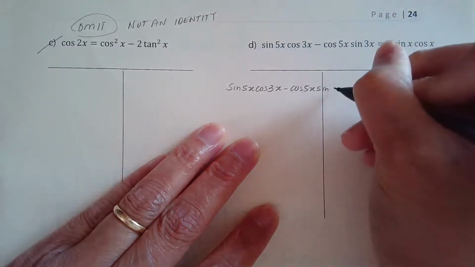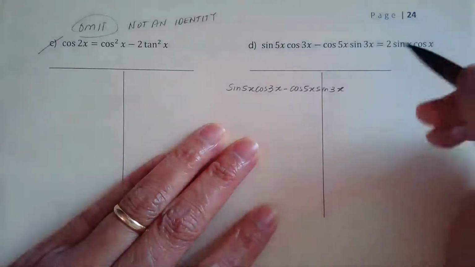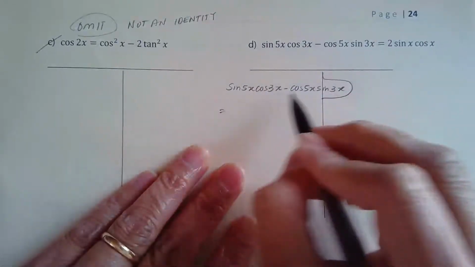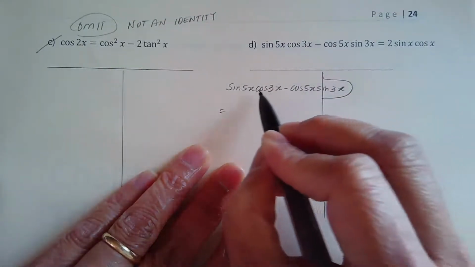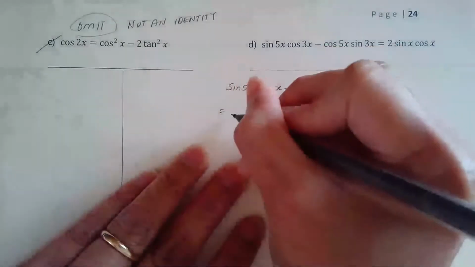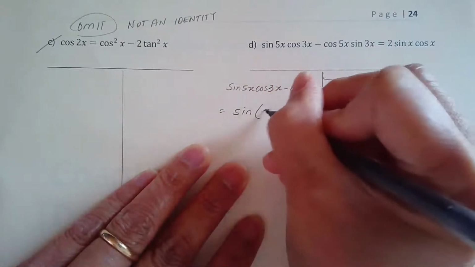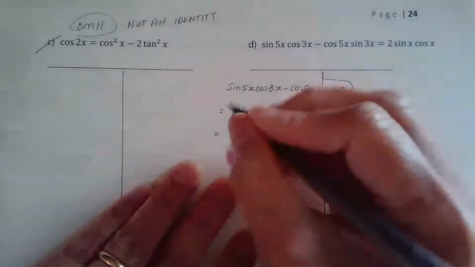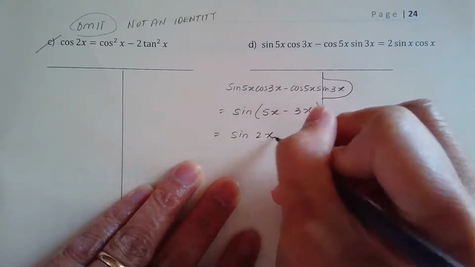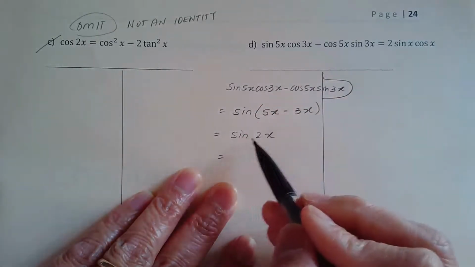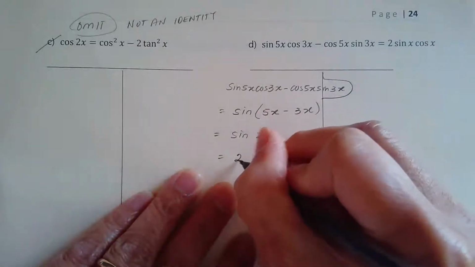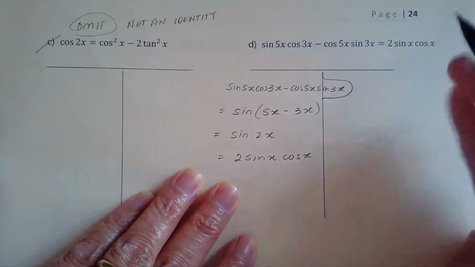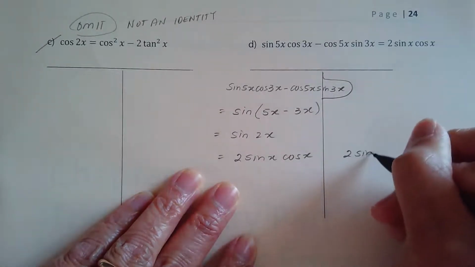So this is the difference of two angles. So this is sine of 5x minus 3x, and that's the same thing as sine 2x. And if we have sine 2x, that's the same thing as 2 sine of x cos of x, which is equal to the right side.